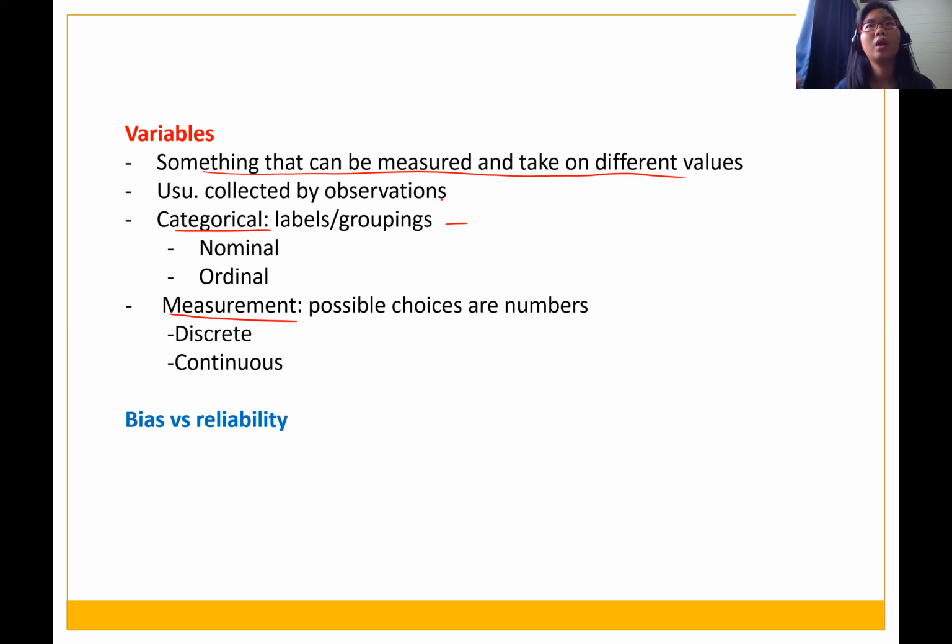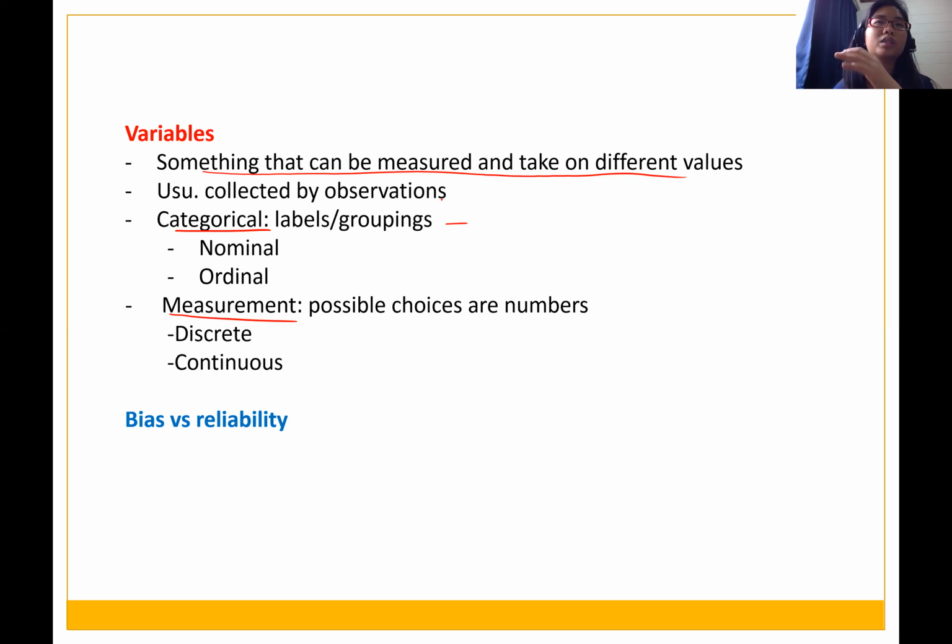Then in categorical, we have two smaller subcategories, which are nominal and ordinal. So nominal is the one that doesn't have an order. It's just the name of the group. No one can say BMW is better than Mercedes or Everest is better than Ford or anything like that. So it doesn't have any order. But ordinal is the categorical variable that has an order.